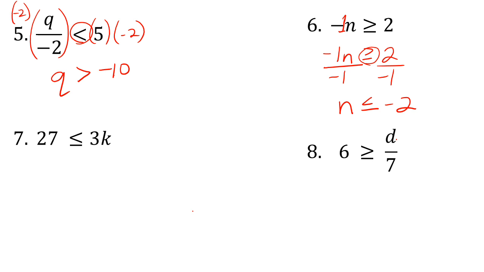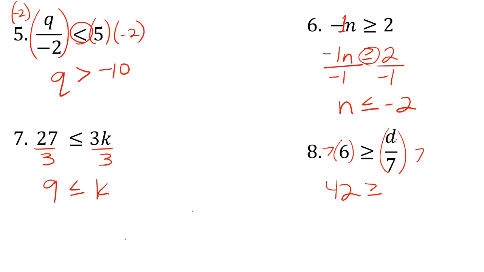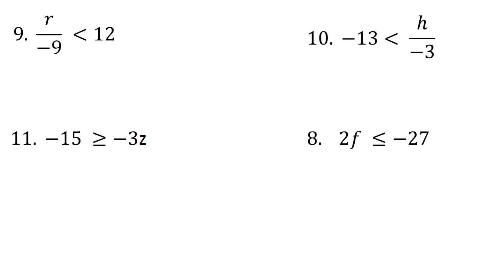Number 7, we divide both sides by 3. So we're left with 9 is less than or equal to k. Number 8, we multiply both sides by 7. So it gives us 42 is greater than or equal to d. So number 9, we're going to multiply both sides by negative 9.